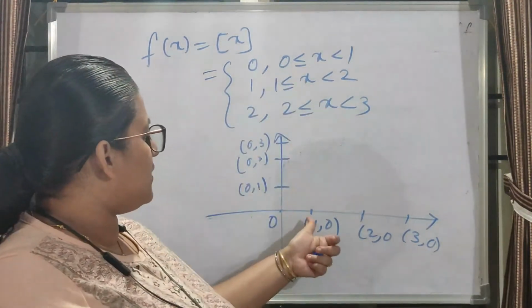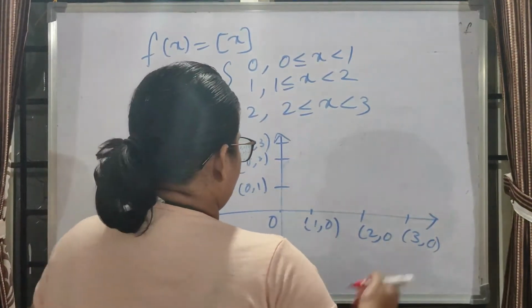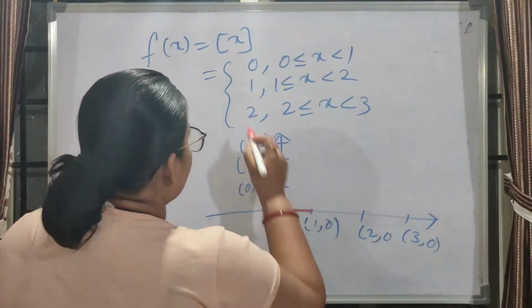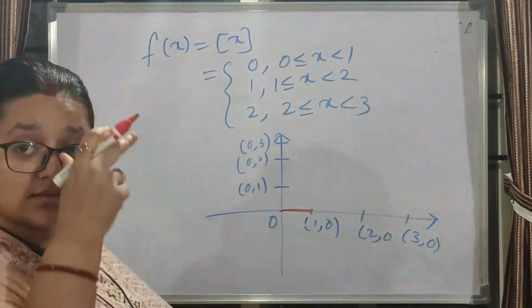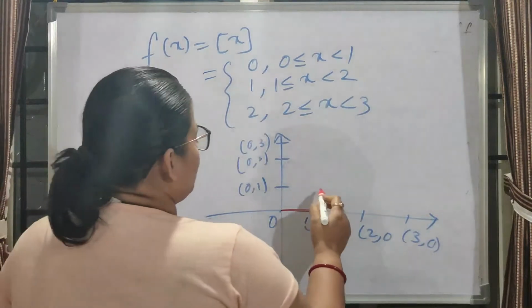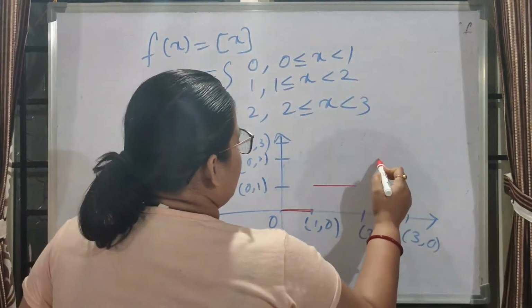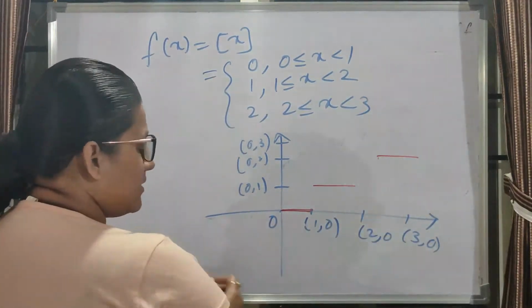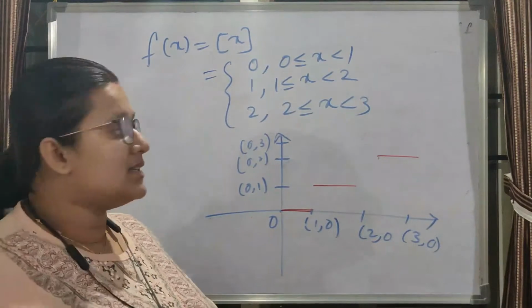In between 0 and 1, from here to here, the value is 0, f of x equal to 0. That means it lies on the x axis. Again, in between 1 and 2, the value is 1. Again, from 2 to 3, the value is 2. Similarly, on the negative side also.